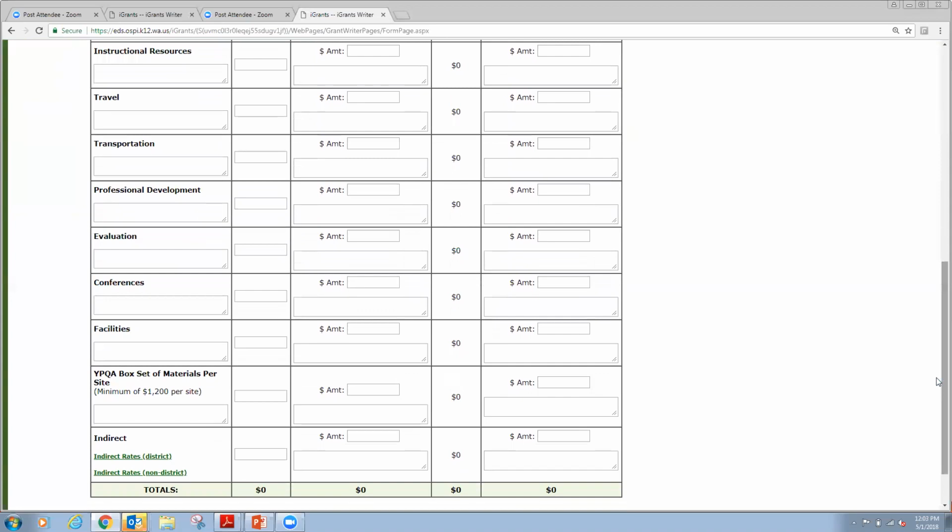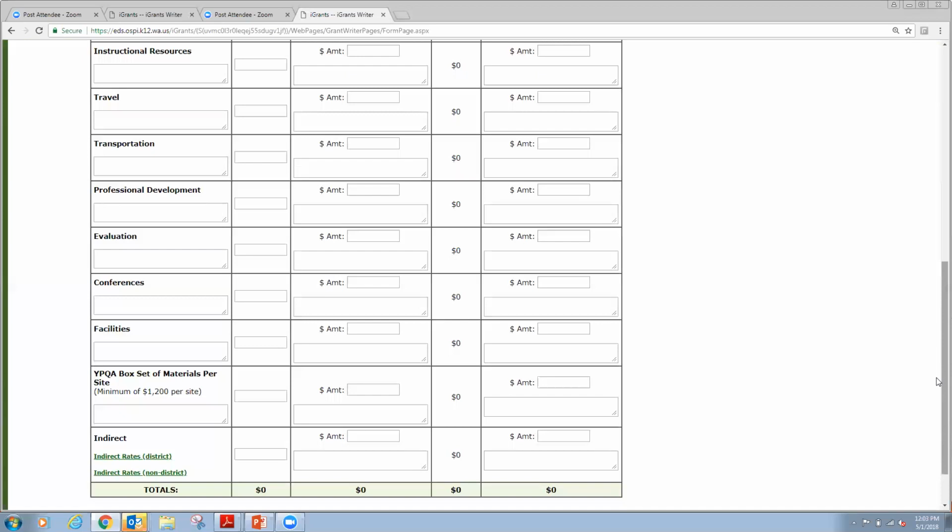Professional development or staff development opportunities that you're thinking about purchasing or offering. This section will be evidence for part of the application that's really important.